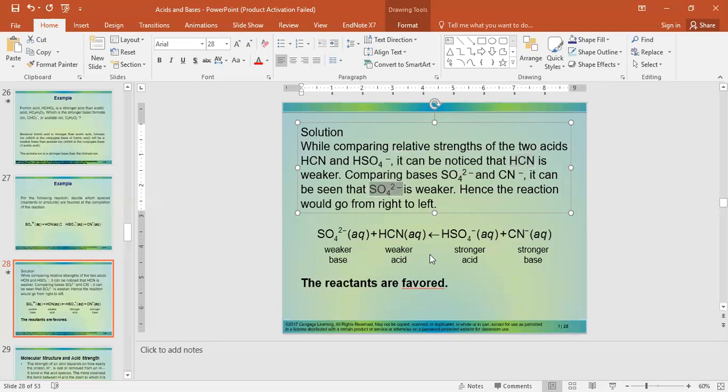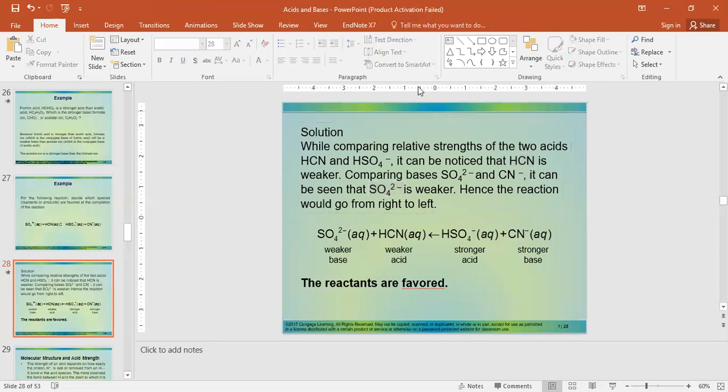Therefore, you would expect the reaction to move in this direction. Why? It's because the opposite direction produces a weak acid and a weaker base. This side contains the strong species. This side contains the weaker species. So the direction that produces the weaker species is going to be favored.